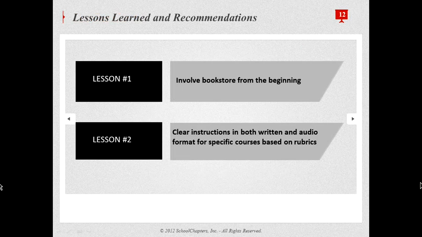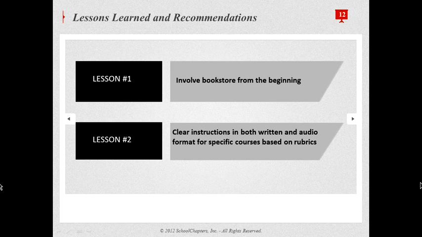We did have a couple lessons learned. We really should have involved the bookstore from the beginning. There was some confusion from the bookstore staff that was given to our students, in that they thought they had to have something, an access code, and our students were confused that this was linked in their Blackboard online component of the class.